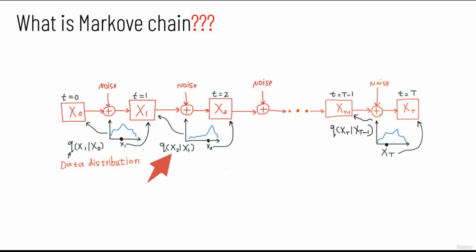The range of x2 values with large area in this distribution will have high probability to be selected when we want to pick x2 value from this distribution. We will do the same thing again and again until time step capital T. So, in simple words, Markov chain means that the next step will just depend on the previous step.